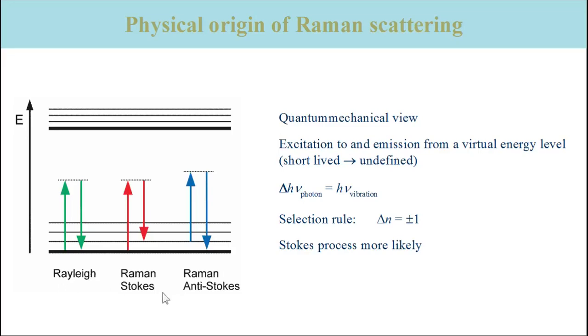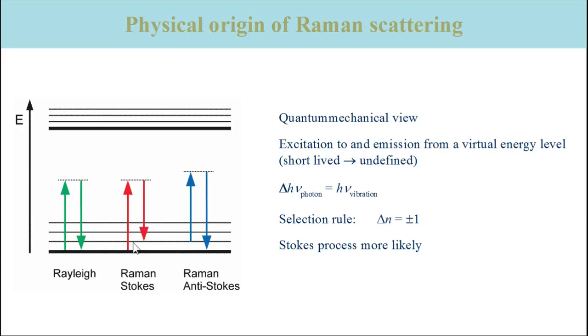In Stokes-Raman scattering, the energy of the scattered photon is less than that of the incident photon. The energy difference is used to excite the molecule to a higher vibrational state. Only transitions to the next vibrational level are allowed in Raman spectroscopy. This is the same selection rule that applies for the absorption of infrared radiation.